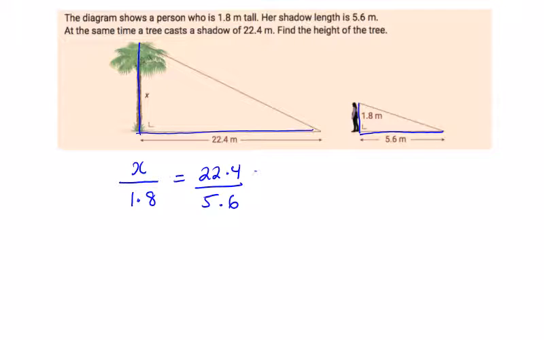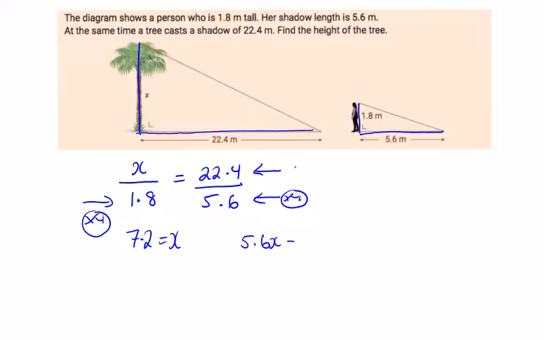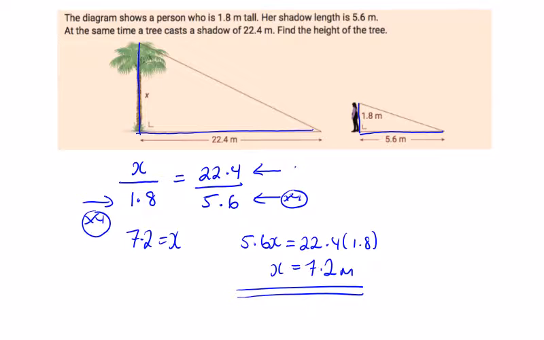And I'd have to multiply 5.6 by 4 to get the top. So I multiply this one by 4. I'm going to get 7.2 is equal to x, or cross multiplying, 5.6x is equal to 22.4 by 1.8. So x, simplifying it down, works out to be 7.2 meters in this case.